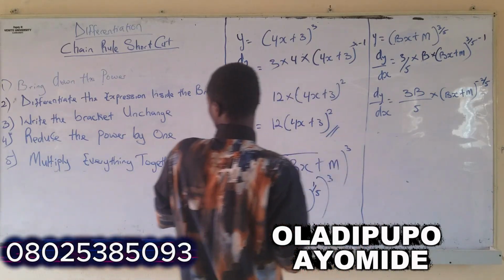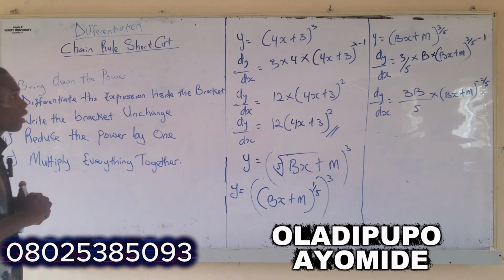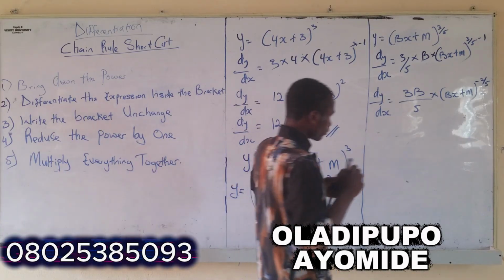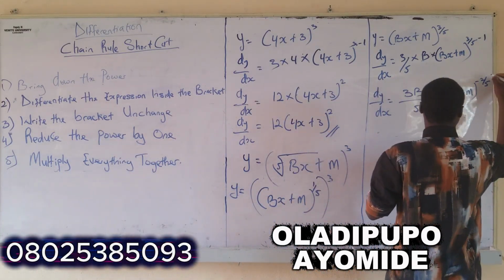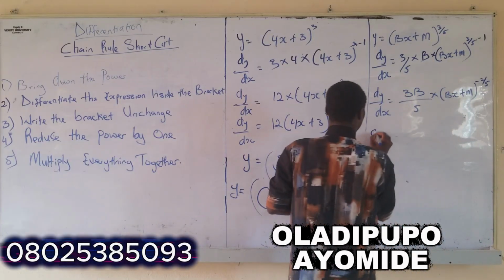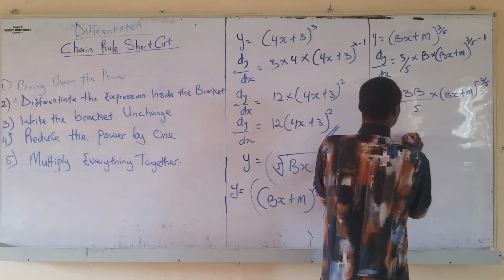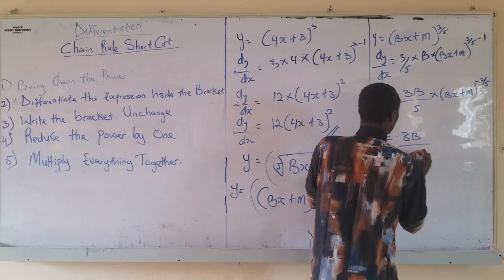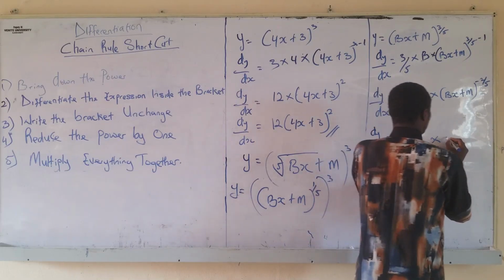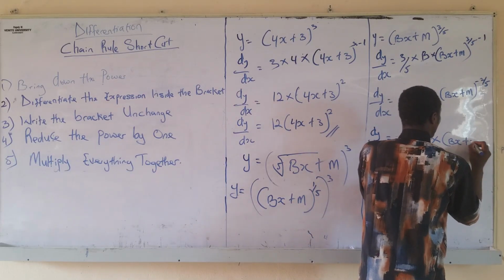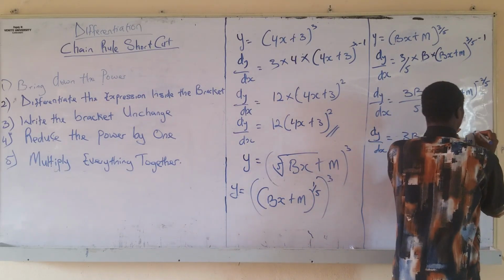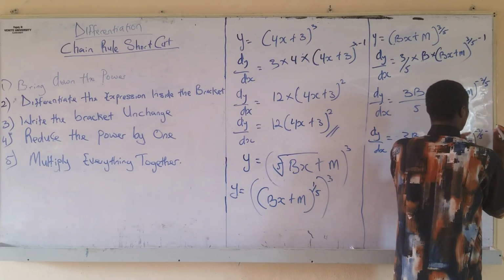The fourth step says reduce the power by 1. We have to reduce the power by 1. This becomes dy over dx is equal to 3b over 5 times (bx + n) raised to minus 2 over 5.